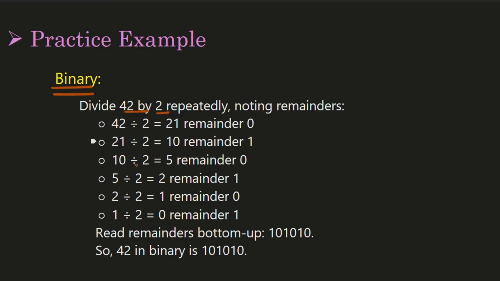Divide 42 by 2 repeatedly, noting remainders. 42 divided by 2 is 21 with a remainder of 0. 21 divided by 2 is 10 with a remainder of 1. 10 divided by 2 is 5 with a remainder of 0. 5 divided by 2 is 2 with a remainder of 1. 2 divided by 2 is 1 with a remainder of 0. 1 divided by 2 is 0 with a remainder of 1. Reading the remainders from bottom to top gives 101010. So 42 in binary is 101010.